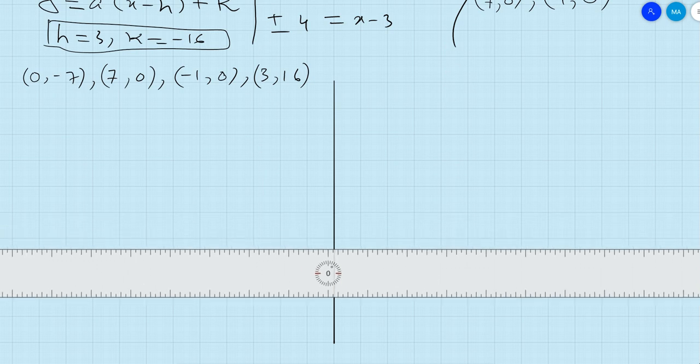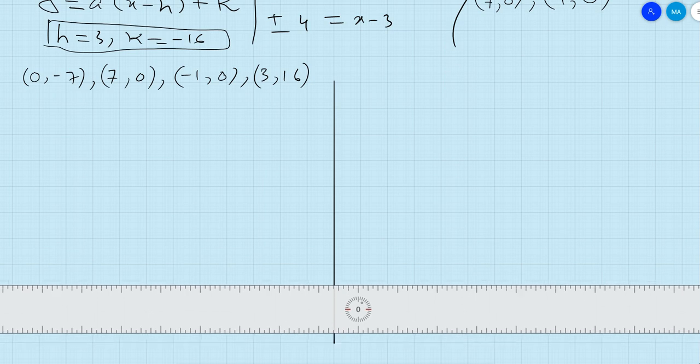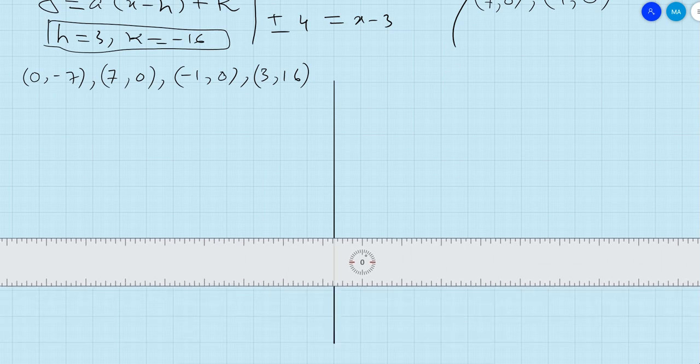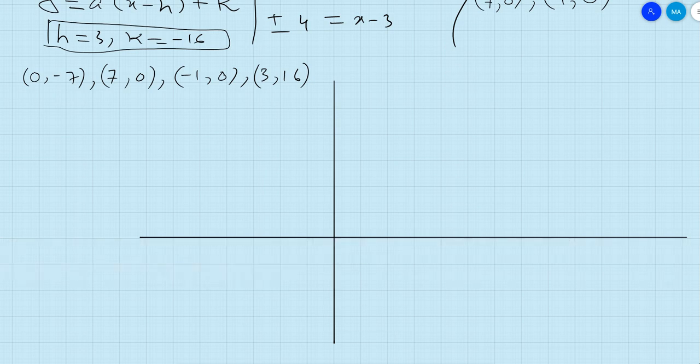The maximum value of x is 7 and the maximum value of y is 16. So this is our x-axis.